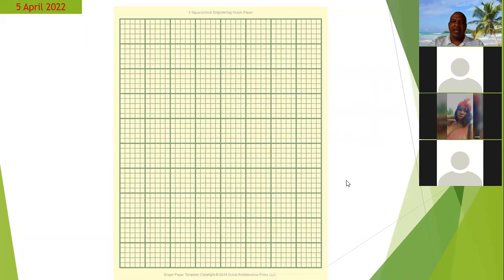All right, so this is an actual graph paper representation. Now, can anybody tell me what they're able to identify in terms of the boxes that you're seeing on this graph paper? They're squares, sir. All right, so how many size boxes can you identify?